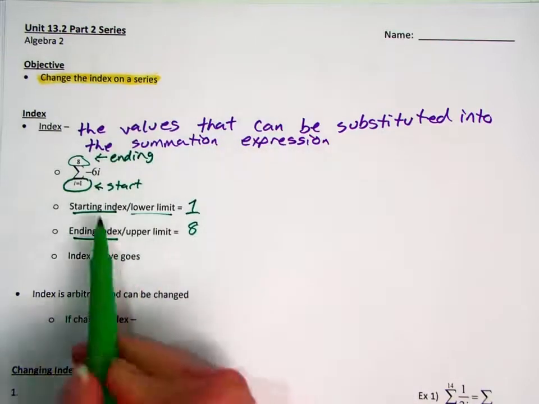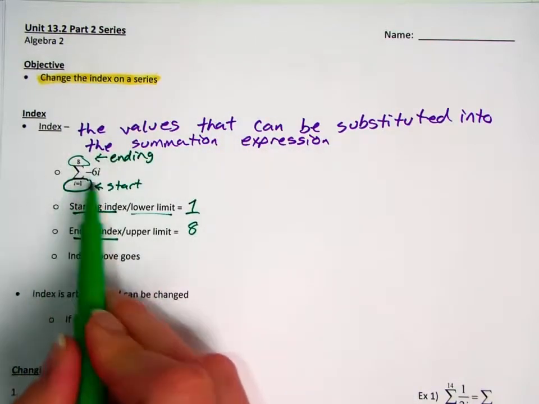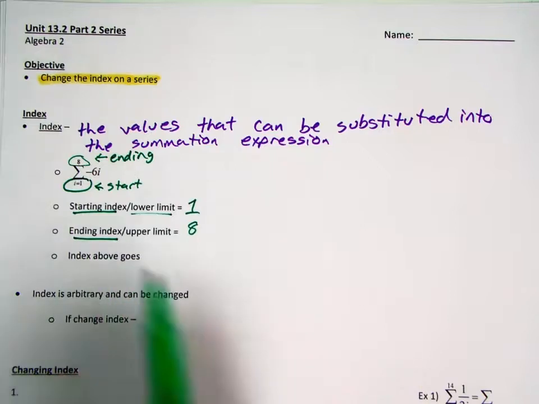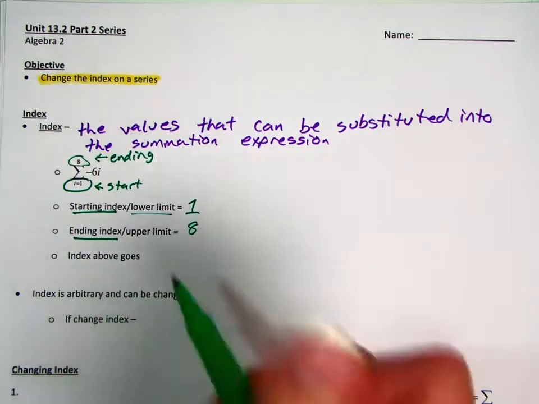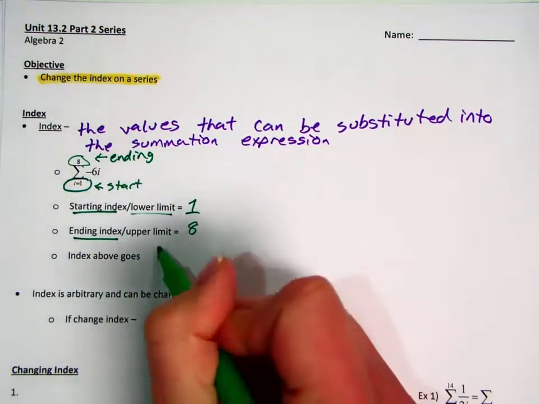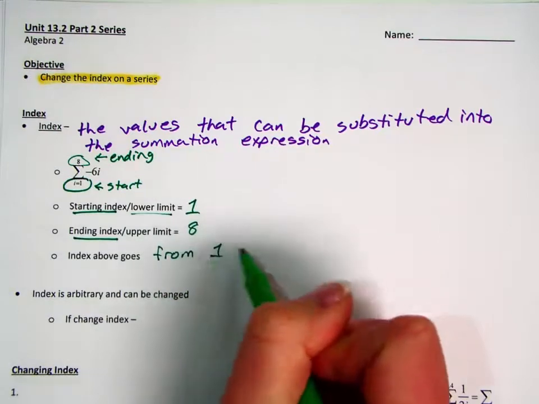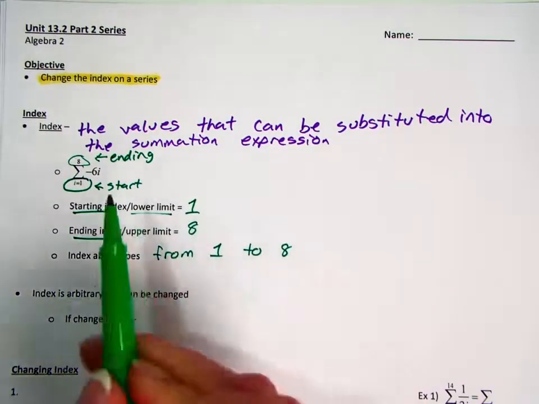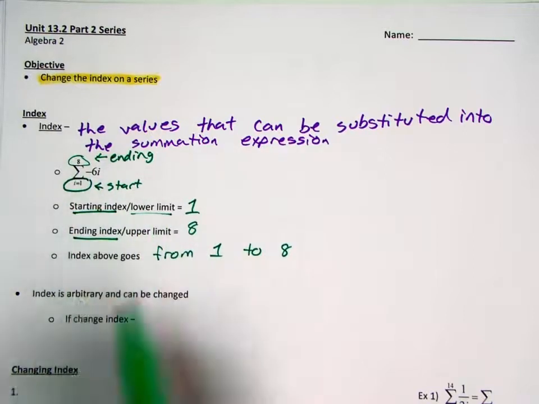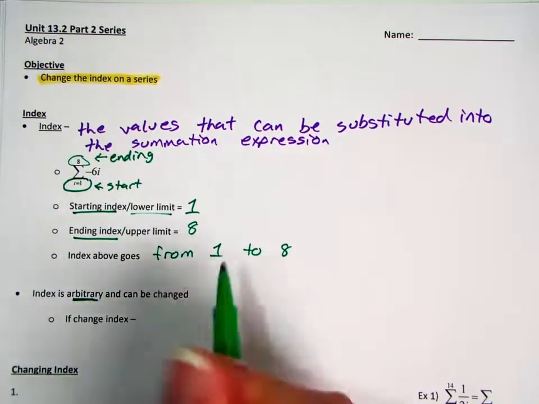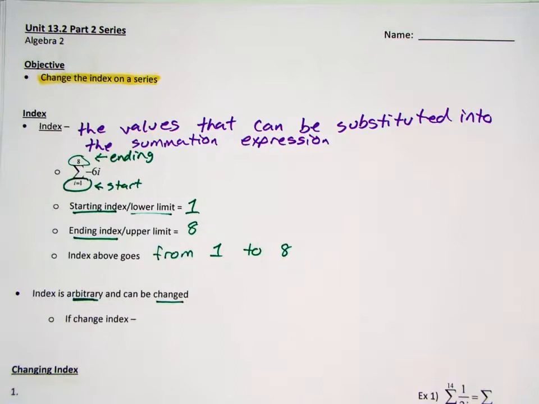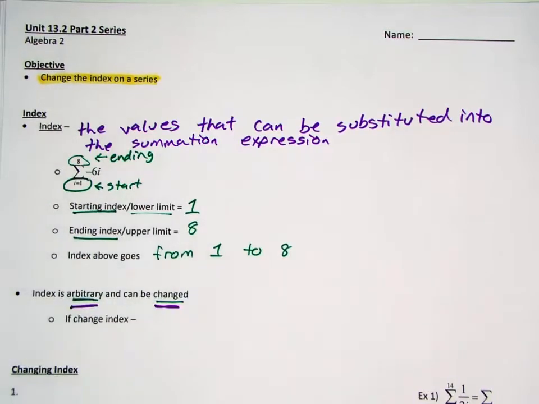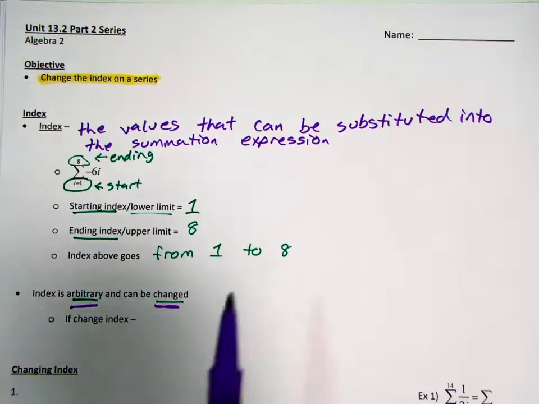Okay, and the idea is, what happens if I give you this summation to begin with and you need to change to something else? The index above goes from 1 to 8, so we can plug in 1, 2, 3, 4, 5, 6, 7, 8. And this index really is just arbitrary. It can be changed, and that's going to be our focus today. If it can be changed, how do you go about changing it?